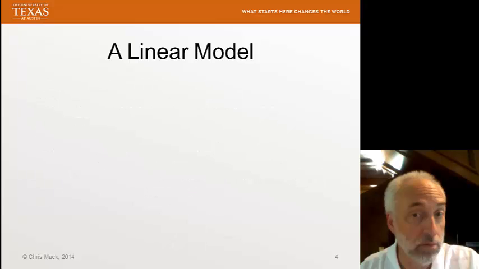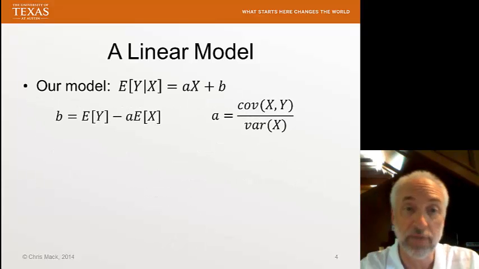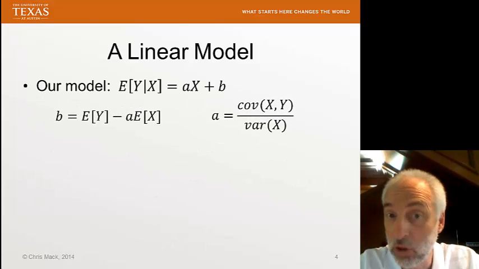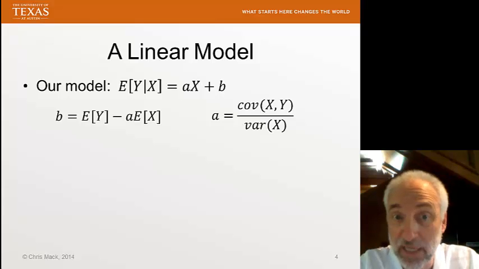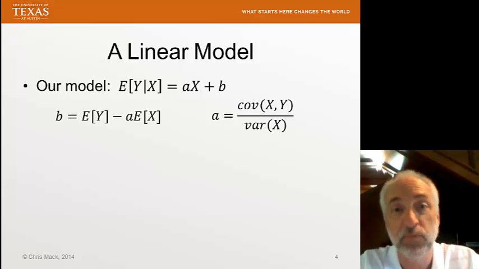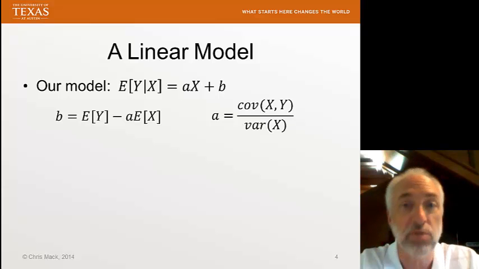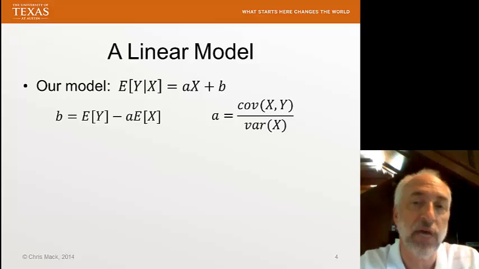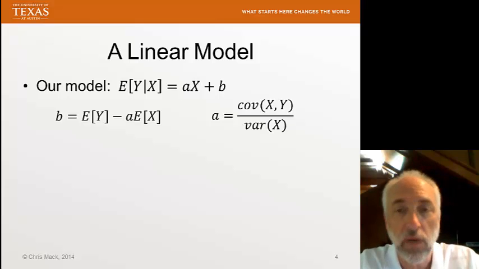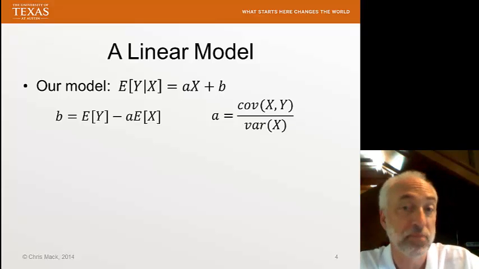All right. Now, let's put that all together. We have a linear model which says the expectation of y given a certain value of x is equal to ax plus b. Or the mean of some distribution of y at a particular x value will equal ax plus b. How do I find the a and b parameters?